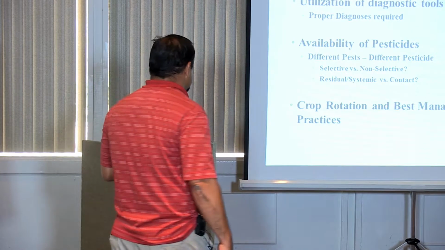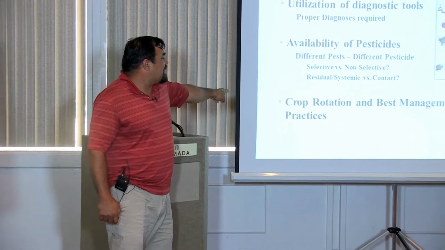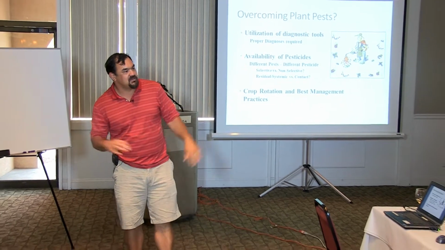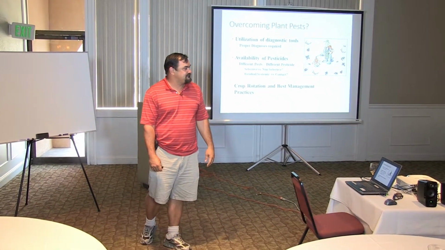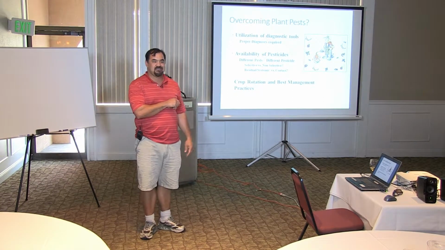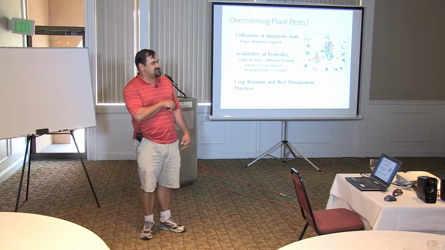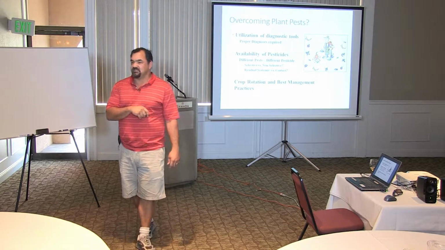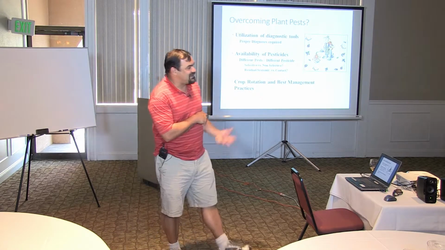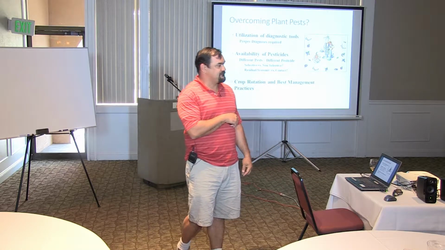Instead, one of the things that I will show you, I hope, is the fact that crop rotation and pest management practices will overcome most pest problems. And so if you do this, in some cases, you don't have to worry about that. Probably the best solution to the pest problem is to grow the crop effectively. And so one of the things that we get to do now is talk about how do you grow a crop effectively.